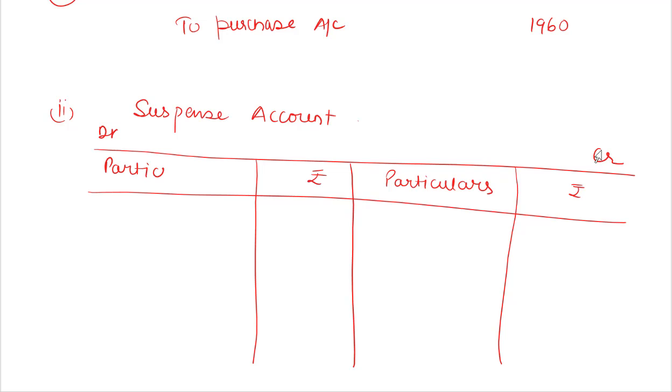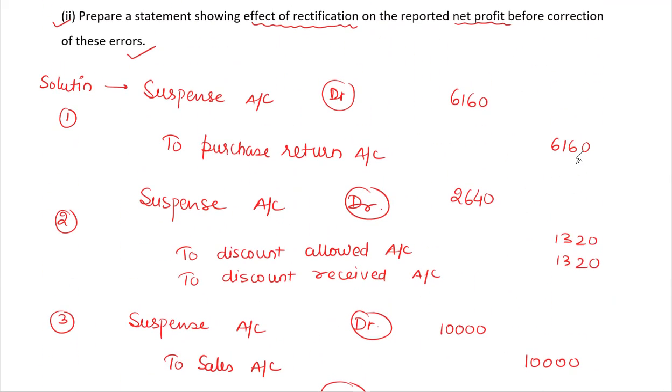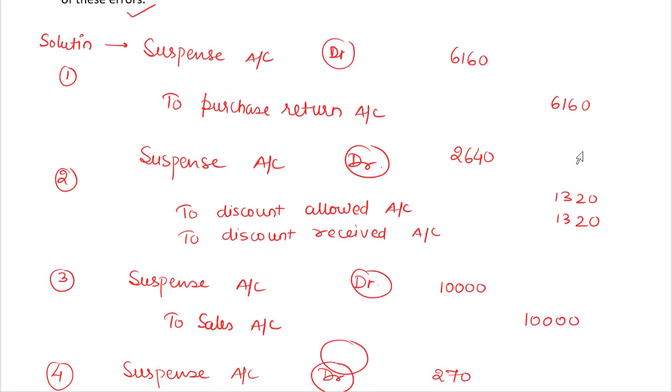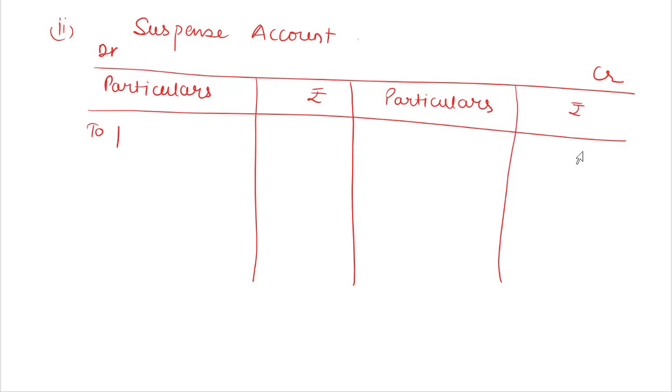Particulars debit, particulars credit. Just write it over here. Start from the first point. Suspense account debit 6160. So purchase return account will be on the debit side. To purchase return account 6160.